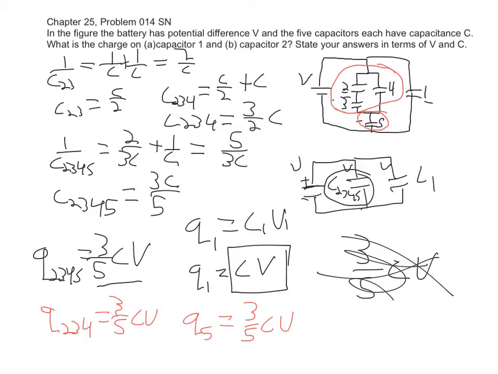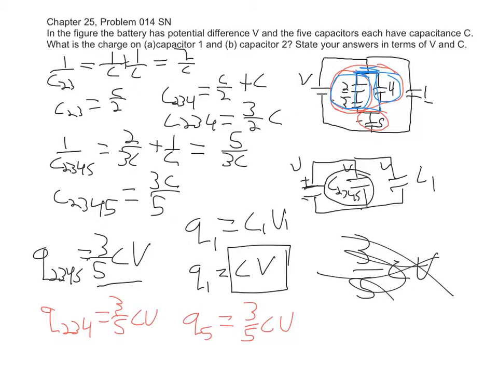Okay? Now say we wanted to find the voltage across 2 and 3 to try to find what's going on with 2. If we want the voltage just on this side, well, we know that's going to be the same as the voltage on this side, right? So the question is, how much voltage is coming to this portion of our circuit?